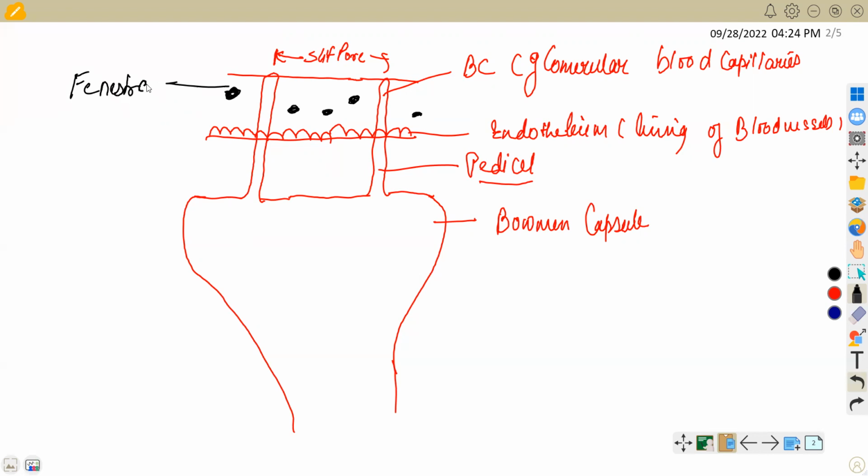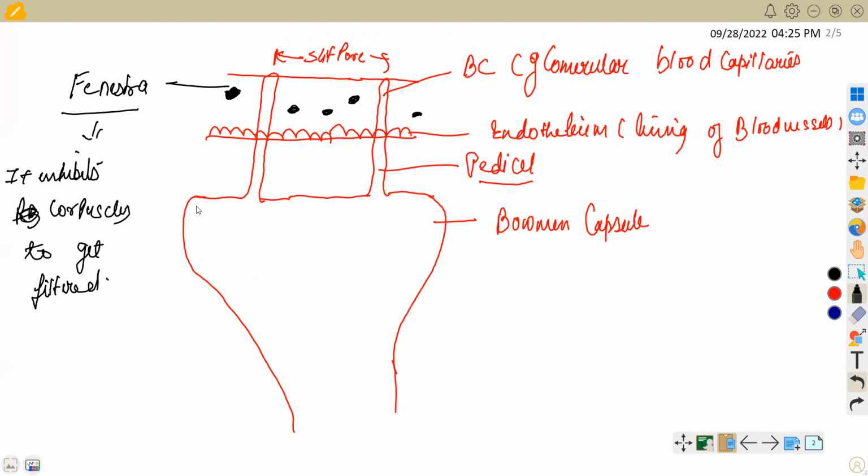The fenestra inhibits RBC from getting filtered. It prevents all types of corpuscles, whether RBC, WBC, or platelets, from getting filtered.